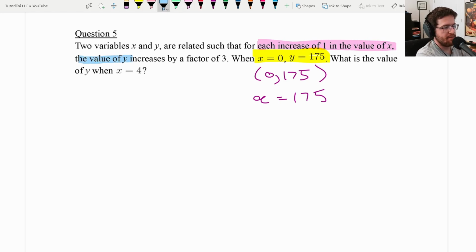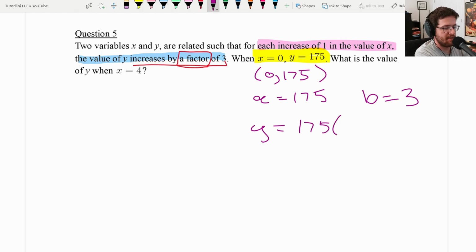Well, it says the value of y increases by a factor of 3. Notice how it doesn't say increases by 3. That would be linear. It says increases by a factor of 3. That is just a fancy way of saying it's getting multiplied by 3. So b is equal to 3. So this function is y equals 175 times 3 to the x, a times b to the x.